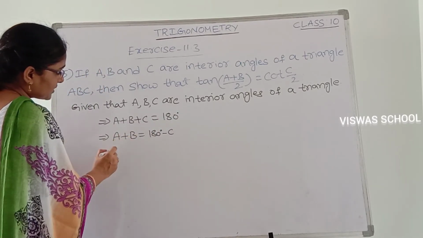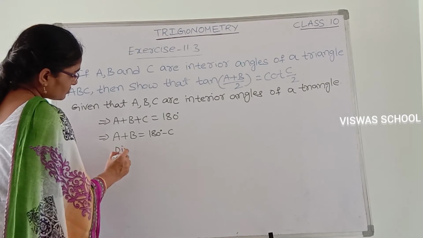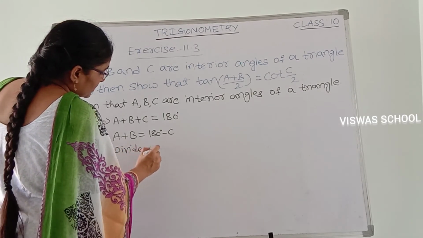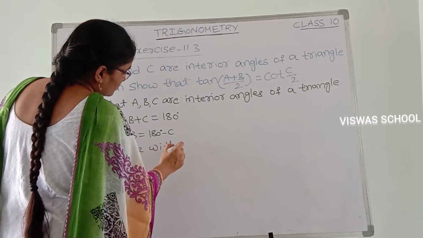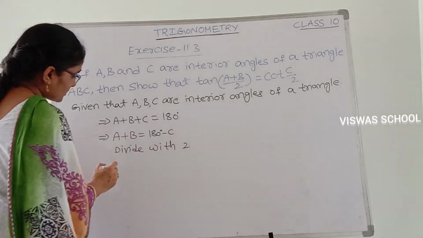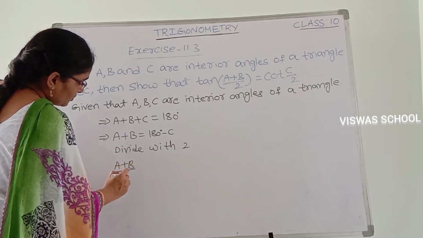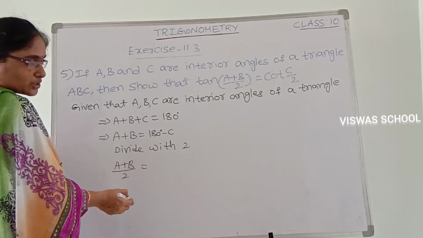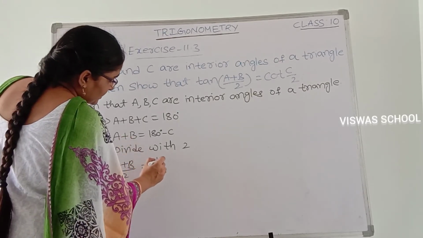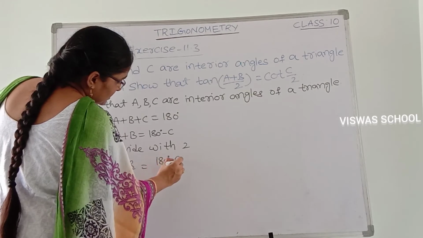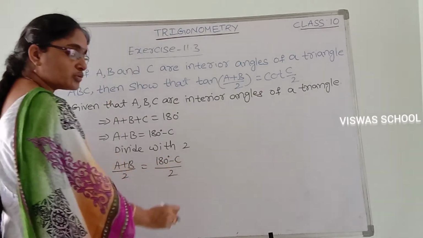Now divide both sides by 2. Now it is what? (A plus B) by 2 is equal to (180 degrees minus C) by 2.